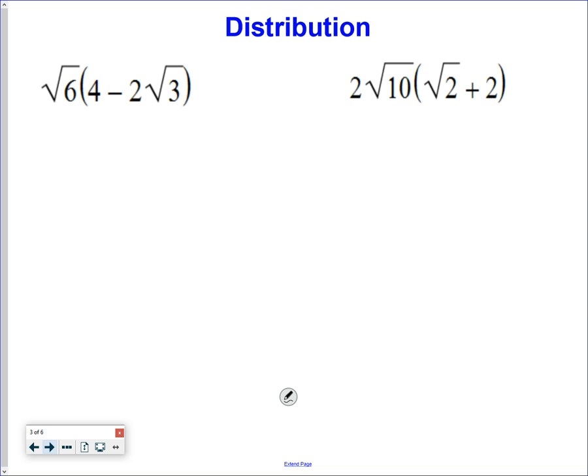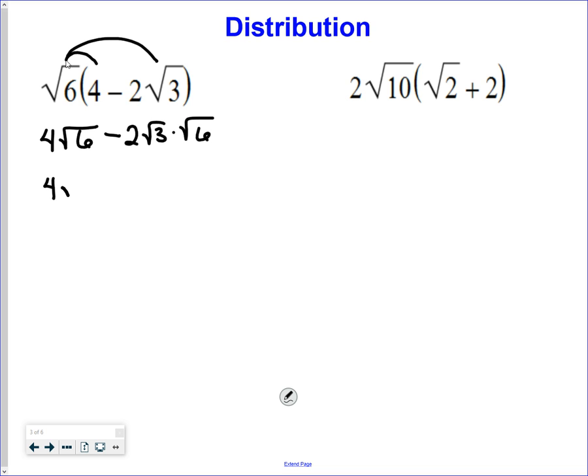Distribution. Now remember, that is like saying 4 times radical 6 minus 2 times radical 3, when I do the second one, times radical 6. That's what that means.